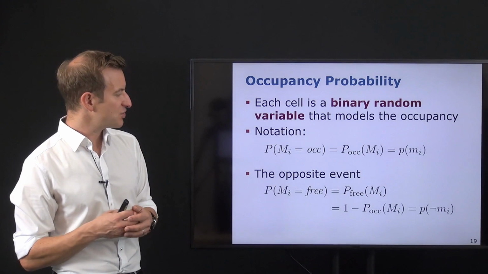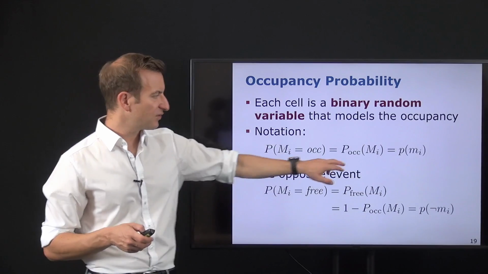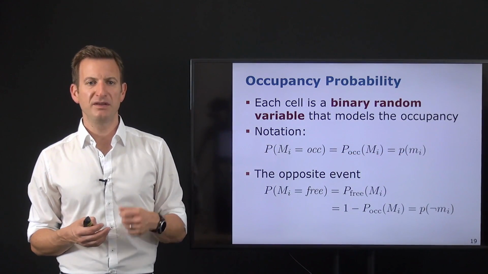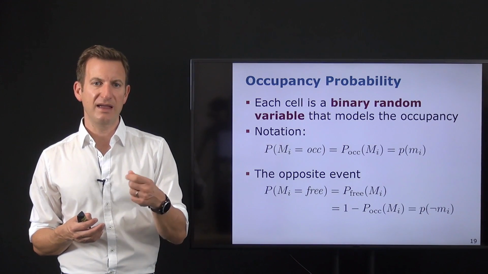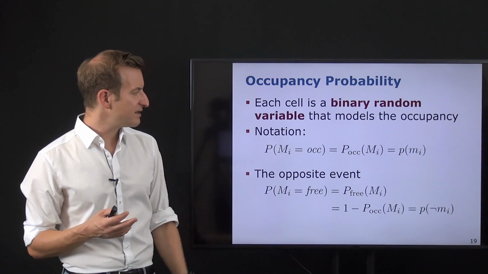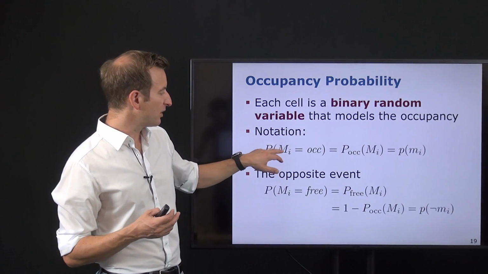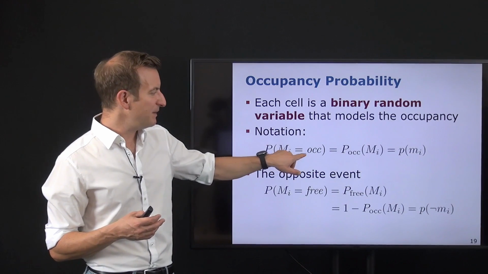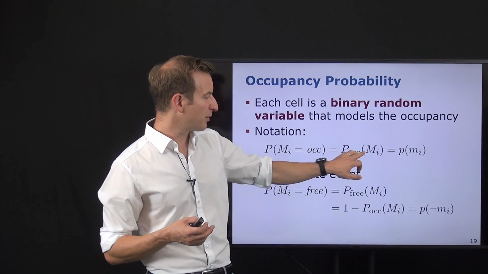In terms of the notation, just to be very clear about this, I use this small mi in the way I introduced it in the probability primer. This is the probability that the cell with the index i takes the value of being occupied. If we write it in a different mathematical form with the binary random variable written in capitalized letters, it is P of Mi being occupied, also sometimes written as P of oc, so the occupancy probability of that cell.